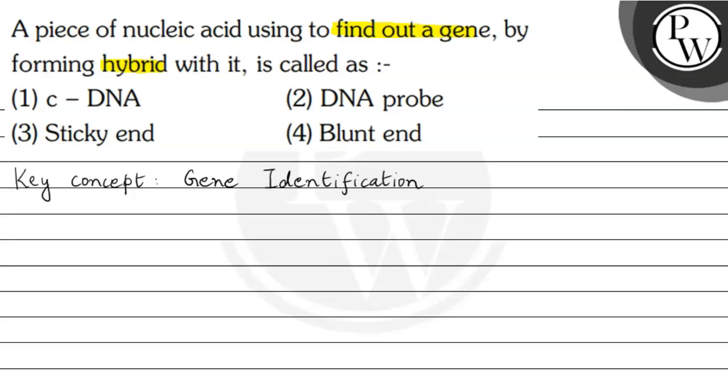So, with the help of a technique known as nucleic acid hybridization, we can identify or detect the presence of a particular sequence of DNA or a gene. So, in this technique, we require a probe. So with the help of a probe, we can detect the presence of a particular gene in a sample.